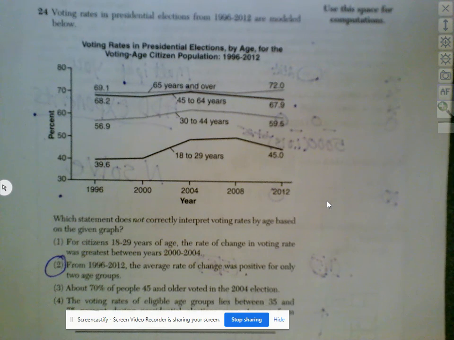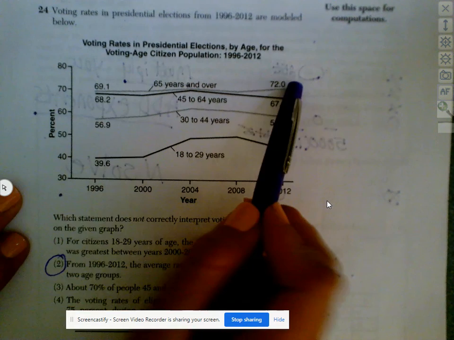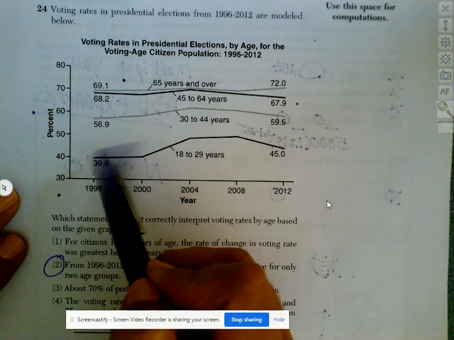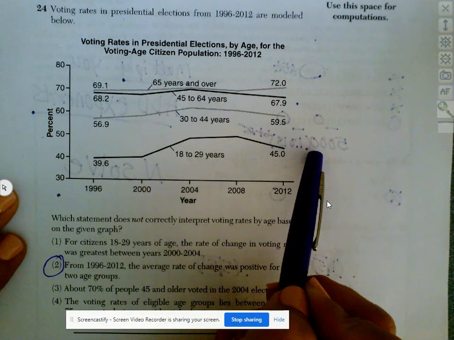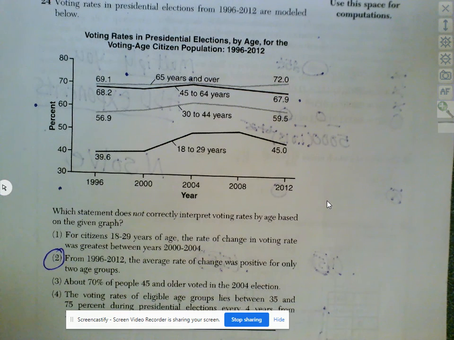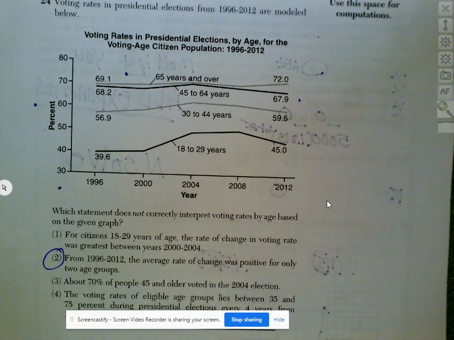So we can see we have one line for each group: 65 and over, 45 to 64, 30 to 44, and 18 to 29. So we want to read these and see which one makes the most sense. It says, which graph does not correctly represent the voting? So this is something that is wrong, so we don't agree with.